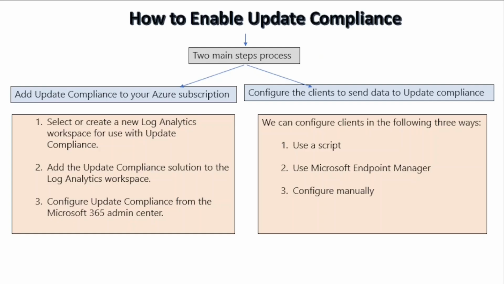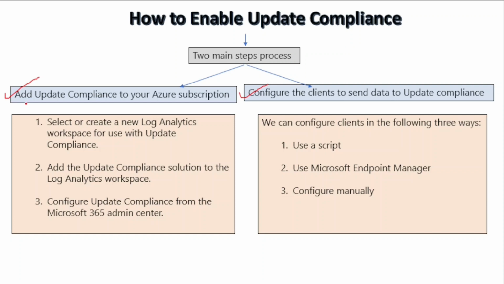Now let's see how we can enable Update Compliance. There are two main steps to enable Update Compliance. The very first step is to add Update Compliance to your Azure subscription, and then we have to configure the client to send the data to Update Compliance.